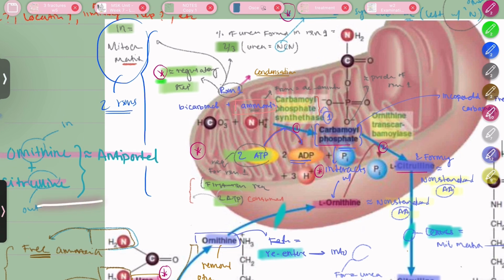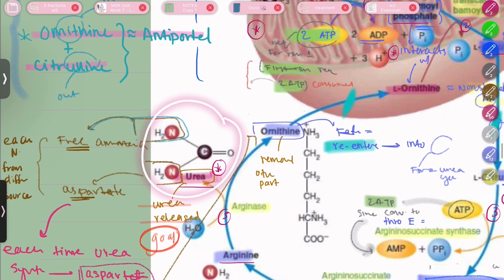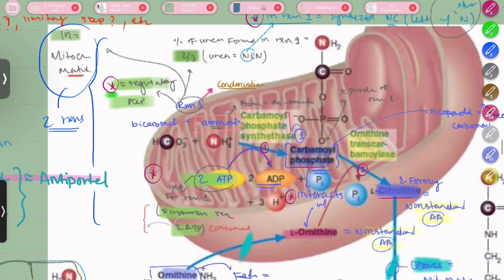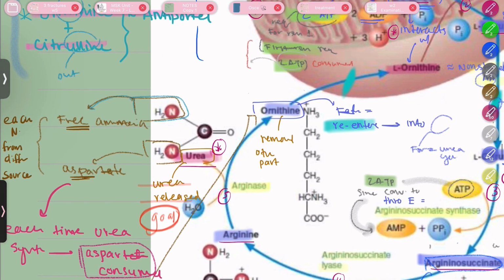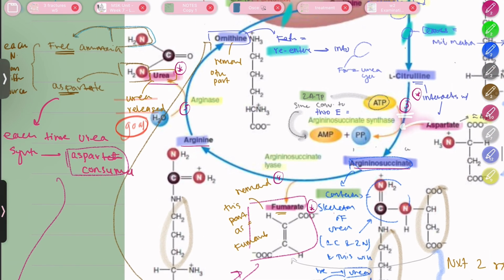So something important to note here. Another thing to note is that the urea that was formed from the urea cycle, we said that each nitrogen comes from a different source. The very first nitrogen came from reaction number 1, from the free ammonia. And the second nitrogen group was formed by the aspartate, which was incorporated in reaction number 3.